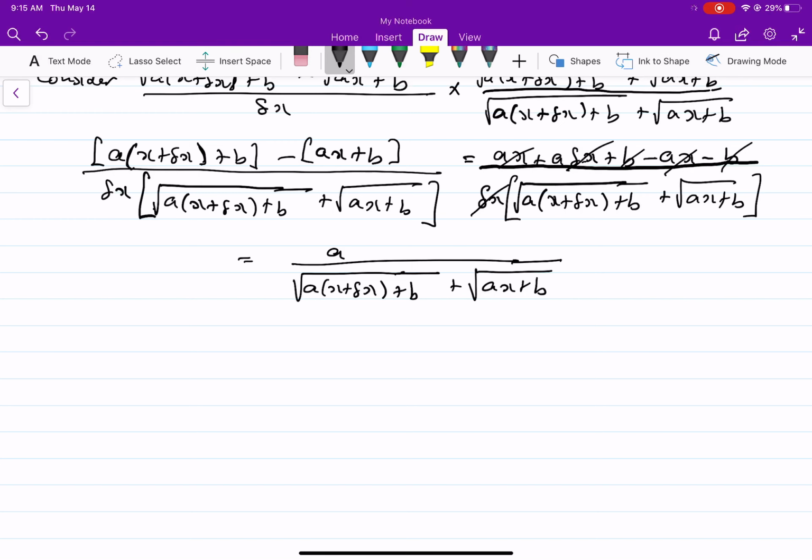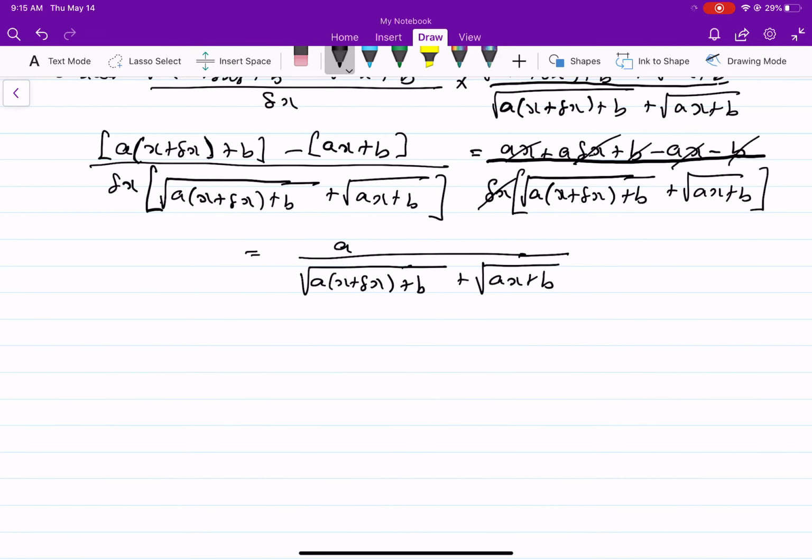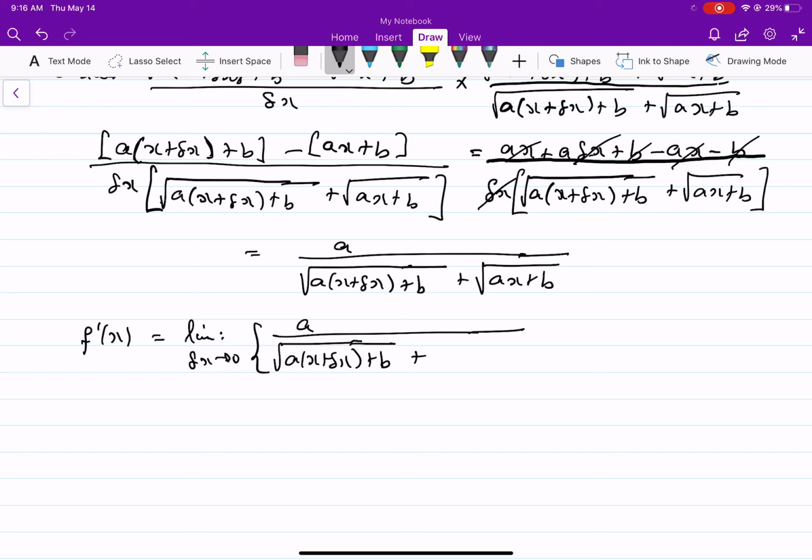So f prime of x is therefore the limit as delta x approaches 0 of that a upon the root of a into x plus delta x plus b plus the root of ax plus b, like so.